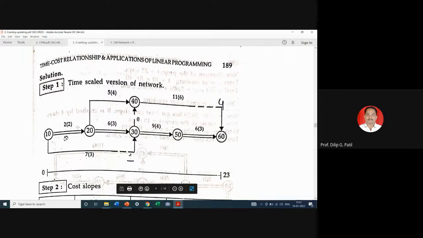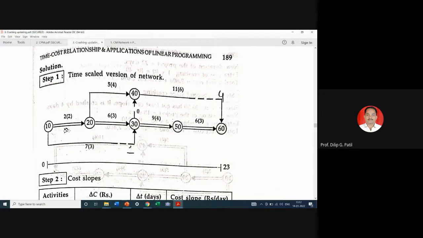So 2 + 6 8, 8 + 9 17, 17 + 6 23, like this. And by this path also you can see here 6 + 2 8 is there, and here is 7. So here the extra time available is 1.